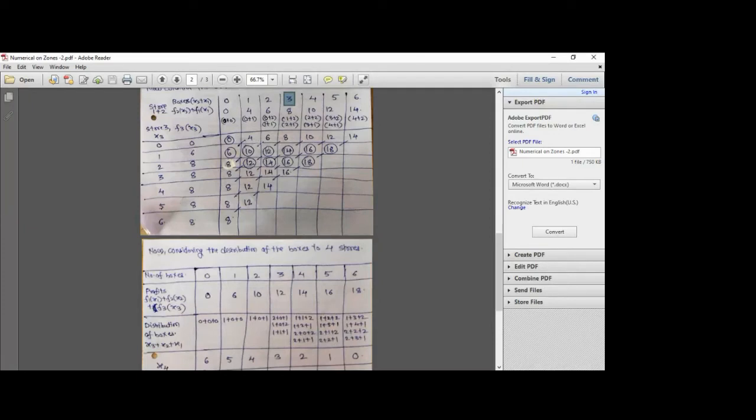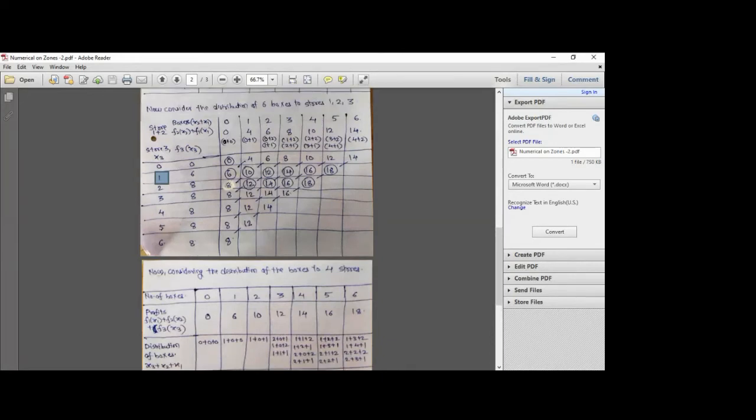Now for the third, for 3 crates, the maximum values are 12 here and 12 here. So what will the combination be here? Particularly we are thinking of 3 crates, so here it will be 1 plus 2.